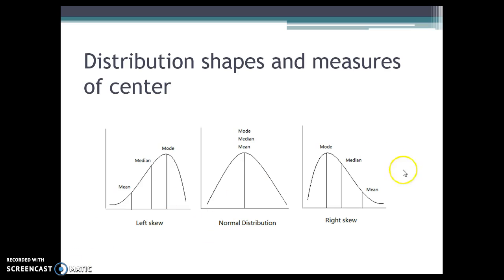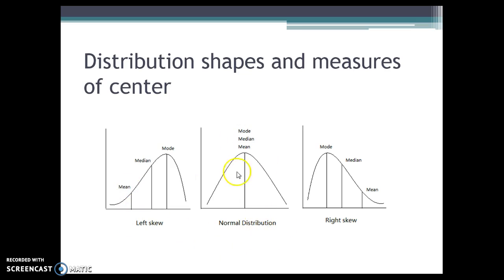And so the histogram that I made was an example of this, where when you've got a right skewed distribution, the mode is less than the median is less than the mean. If you've got data that's skewed to the left, it's going to be the other way around.